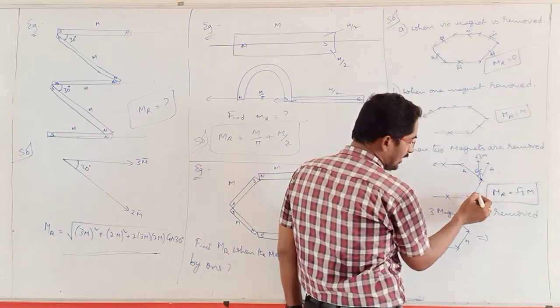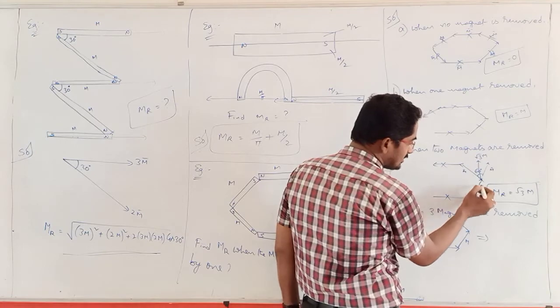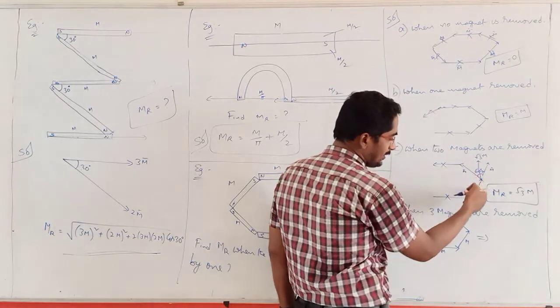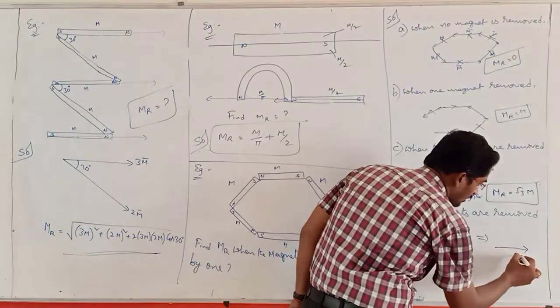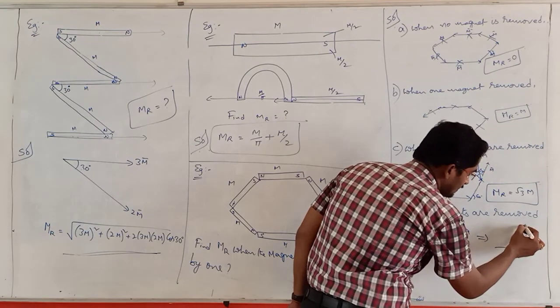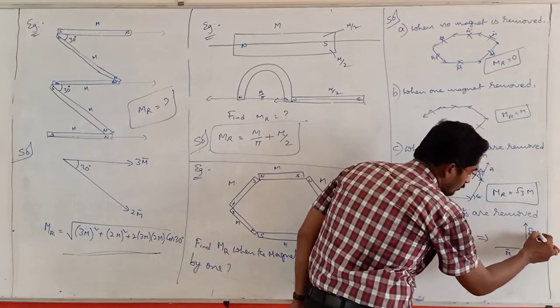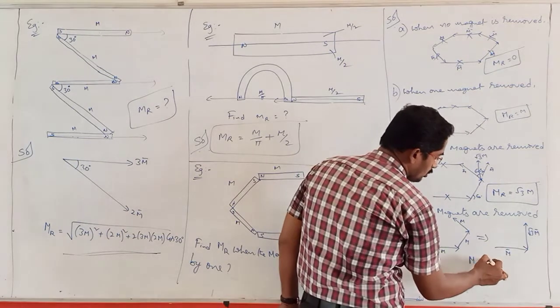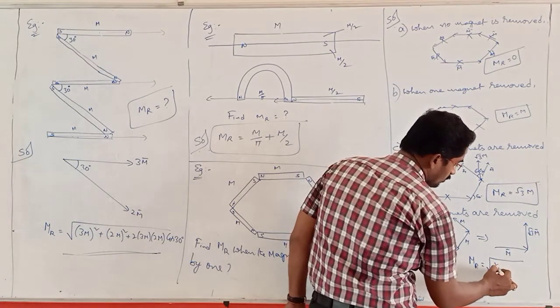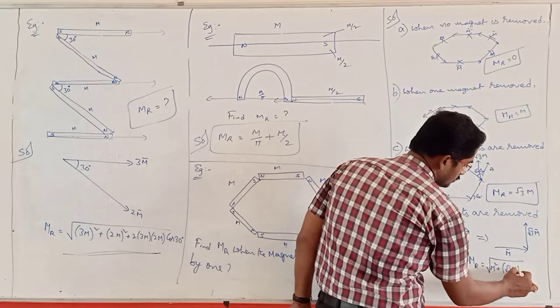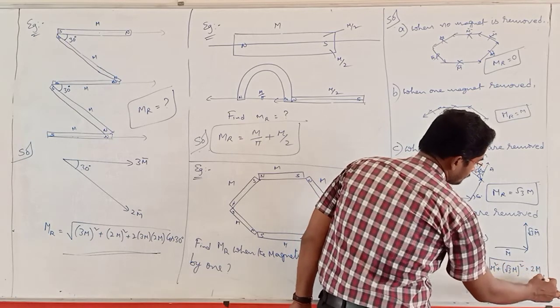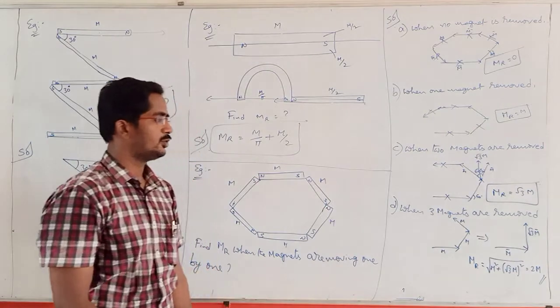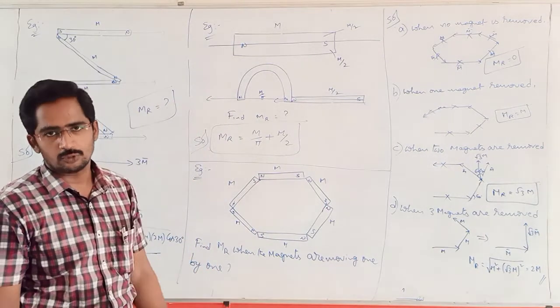It's actually inclined at what angle? 60 degrees. 60 plus 30, totally 90. Such that it is m bar and it is root 3m bar. Both are perpendicular. Then what is the resultant magnitude? Root over m square plus root 3m whole square, that is 2m. Okay, 3 magnets whenever removed.